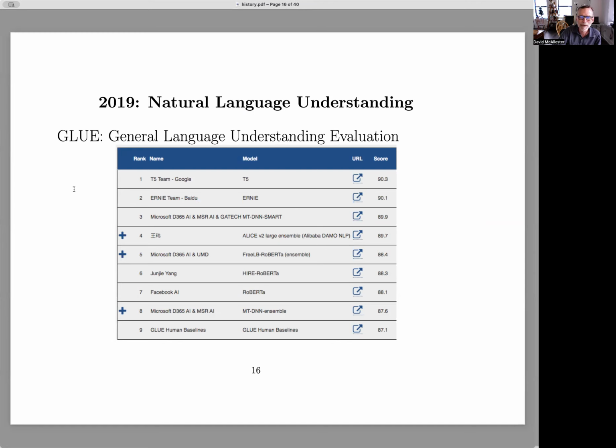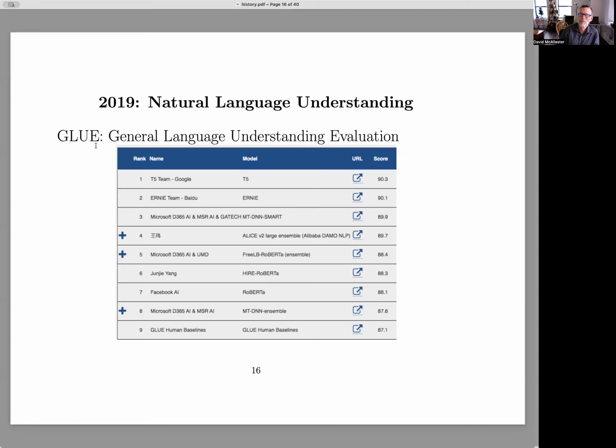So there was this benchmark that was created called the General Language Understanding Evaluation, or GLUE. And it consisted of maybe 10 different tasks. One of them was entailment. Does this sentence imply that sentence? One was parsing. The hardest one was called the Winograd problems. And the Winograd problems involved determining the referent of a pronoun, like he or it, where the referent depended on just switching one word.